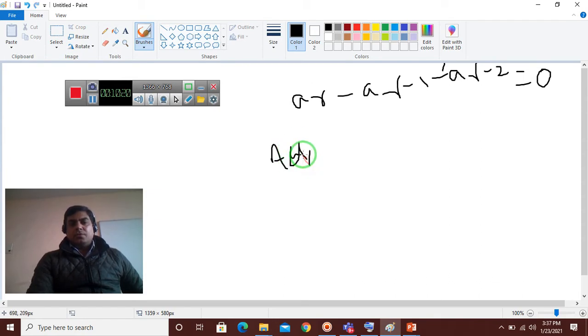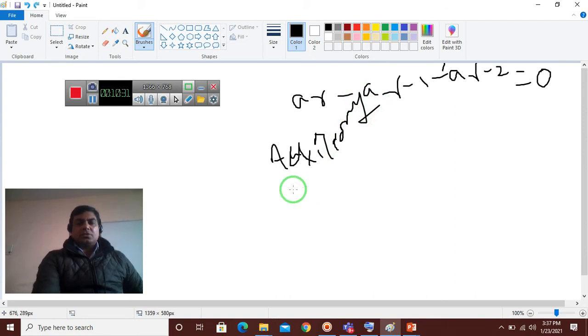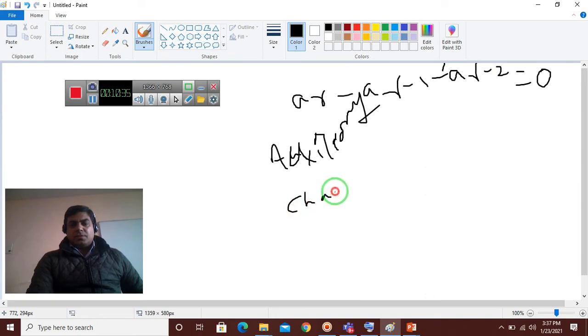Auxiliary equation or characteristic equation, sorry, characteristic equation.